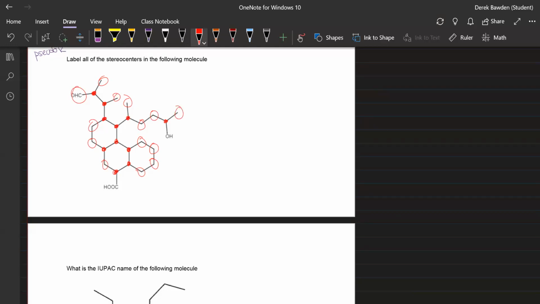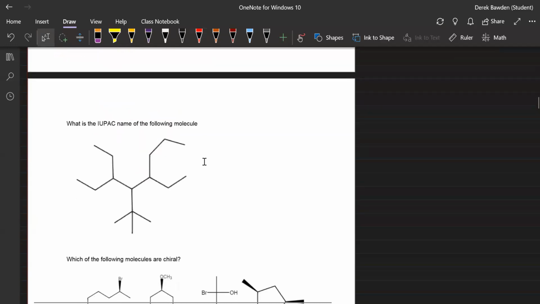And that's CH3 as well. So the dots are stereocenters. The circles are not stereocenters. I may as well just erase them so I don't confuse anyone. Carrying on. You guys got this. Nothing too crazy.